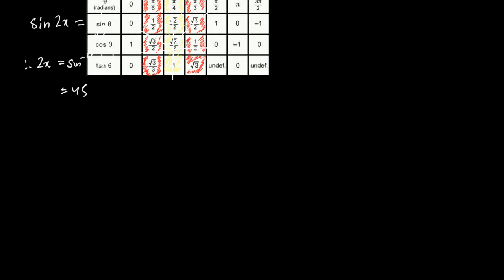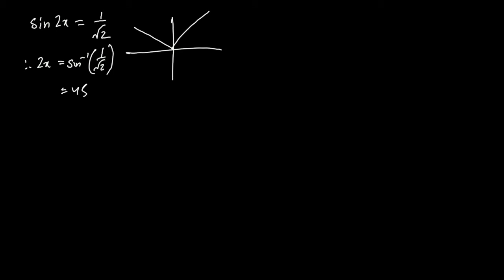I recommend you memorize the common angles. So this is first quadrant 45 degree. This is second quadrant 45 degree. So 2x, you cannot break this. This is the basic angle.